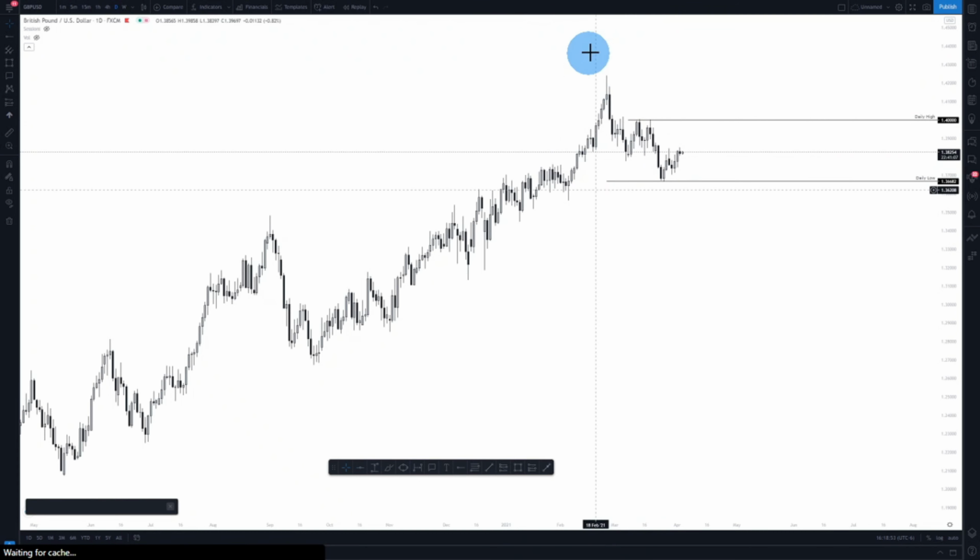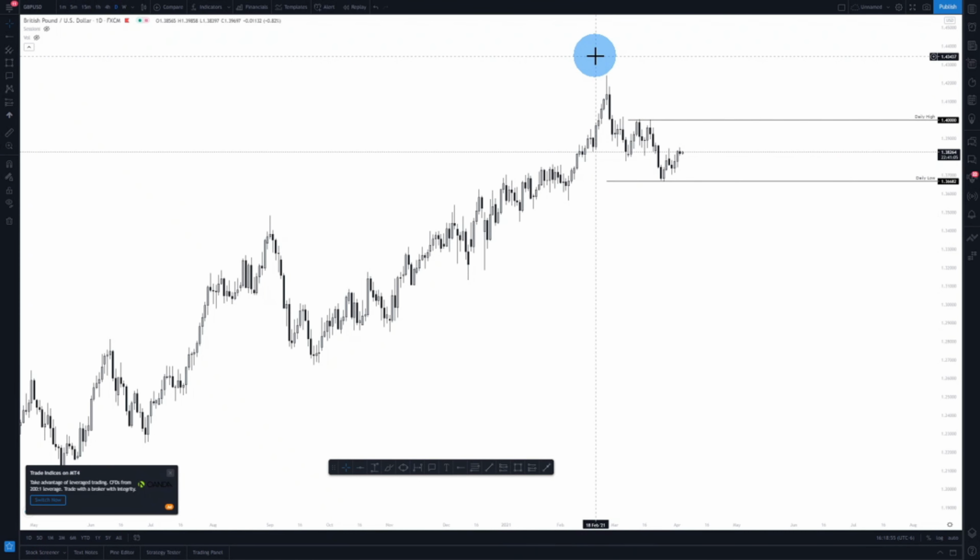As I told you, the market failed to create a new higher high. So basically we're looking at a breakout structure on this part, to the downside. We're expecting the market to get back to mitigate our point of interest, or our supply area.